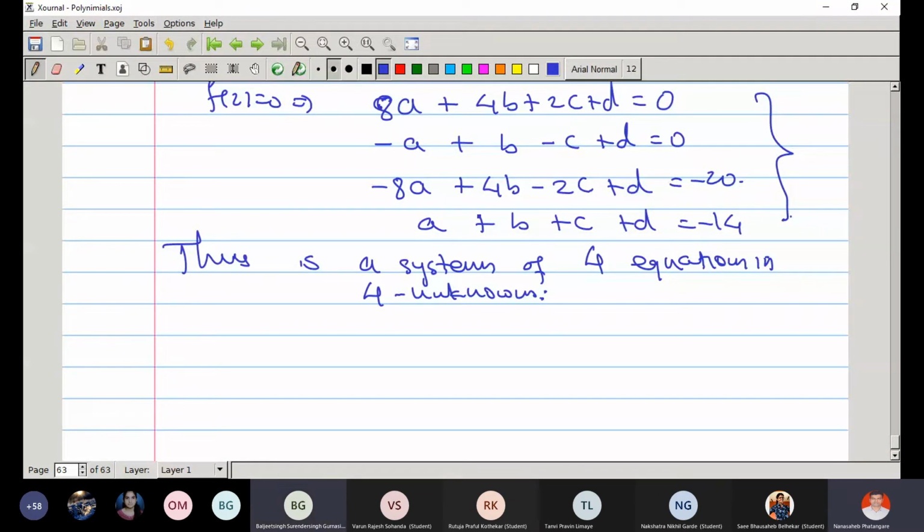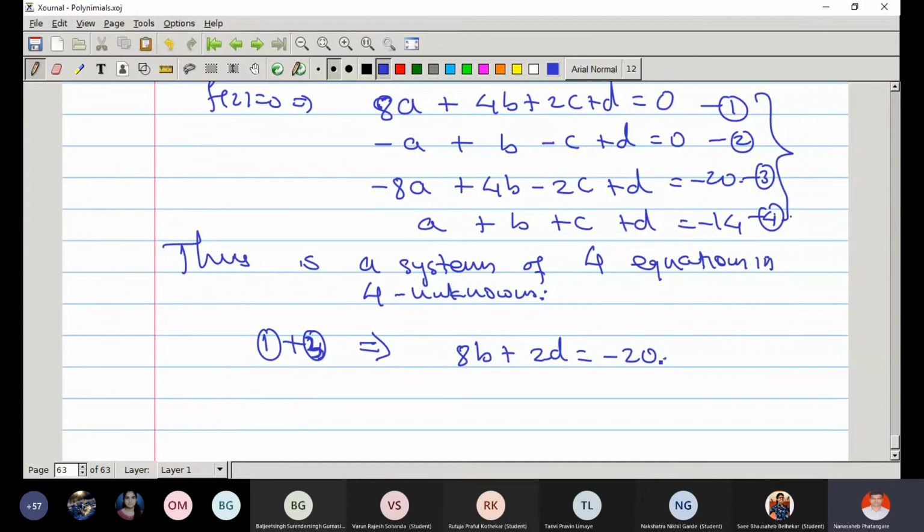Similarly, with second and fourth too, adding both we can eliminate A and C. First of all, look at first and third. If you add first and third, we get 8b plus 2d is equal to minus 20. Right.